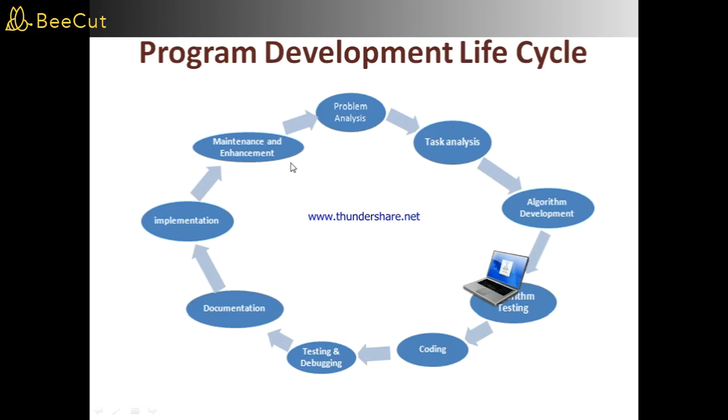Then again, if everything is clear, there is no need to go for the problem analysis phase. If any changes or updating is required for the same problem or solution to the same problem, we can come back to the problem analysis and go through all these steps again. Okay, so that's all about the program development life cycle. Fine.